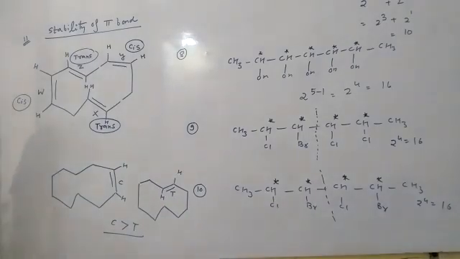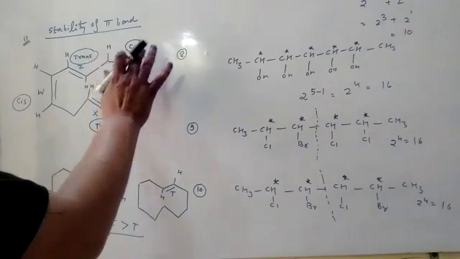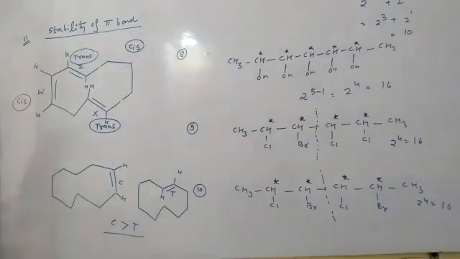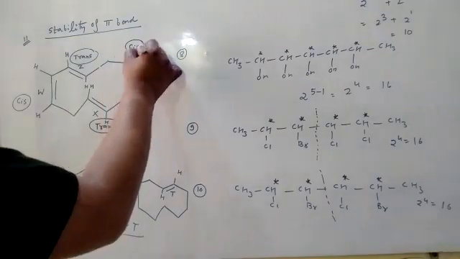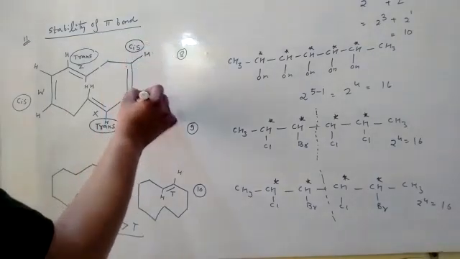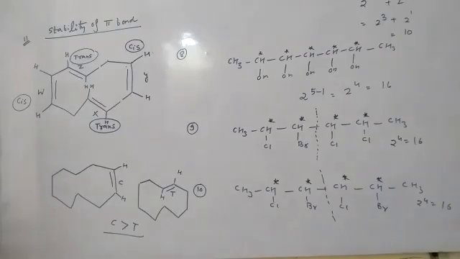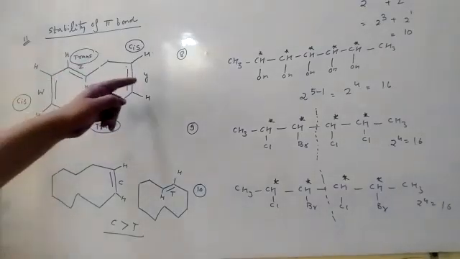So now tell me what your answer is. Actually, this one should be here. This is also cis. This is Y. Yes or no? Now, which one will be more stable, W or Y?